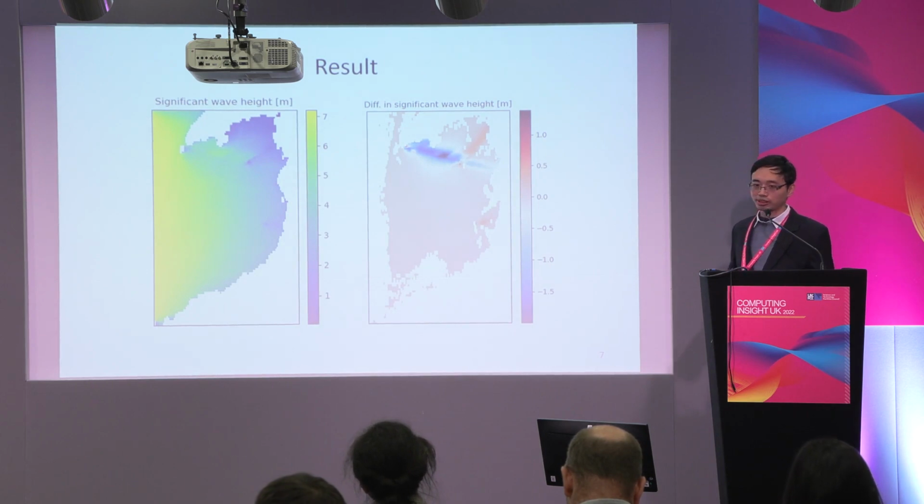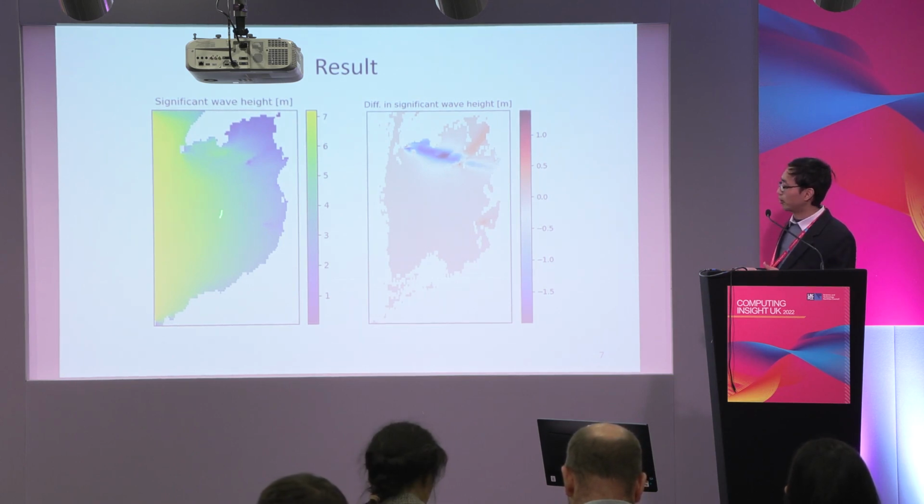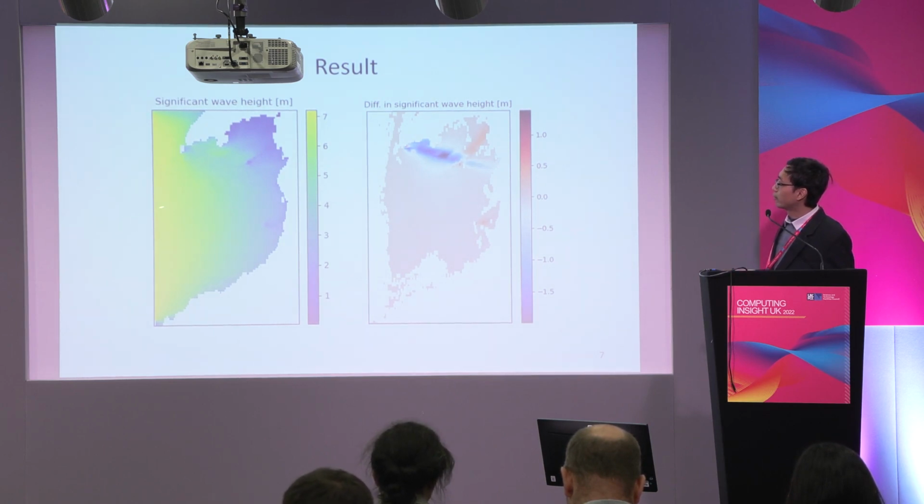The model used is the SWAN model. They divide the sea into grid cells. This is a rectangular grid, and by imposing the wave coming from the west, we have a map of the significant wave height.